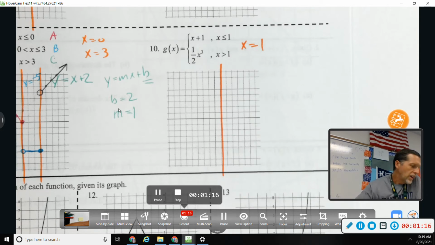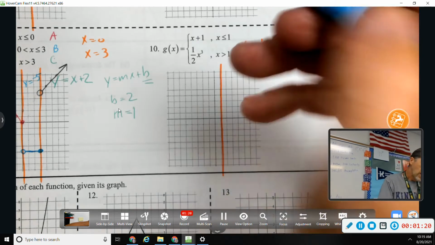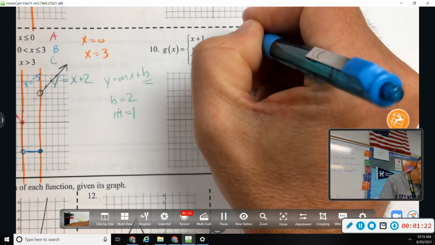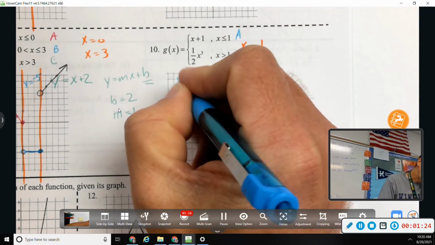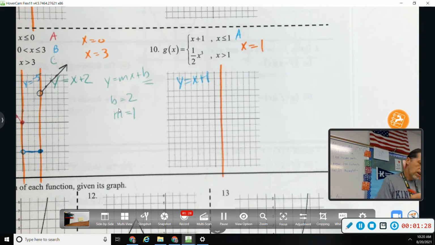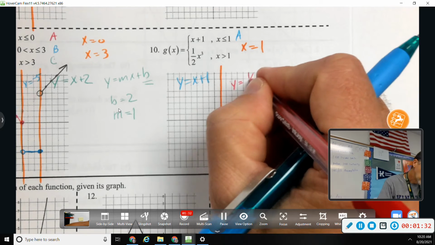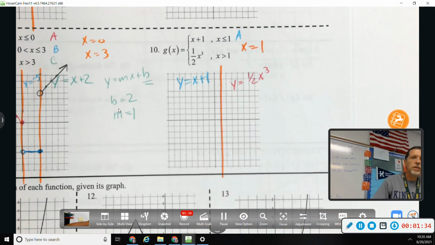So we build the boundary there, and then on one side we'll put x plus 1. So when x is less than 1, we'll do x plus 1. And when x is greater than 1, we'll do 1/2 x cubed.